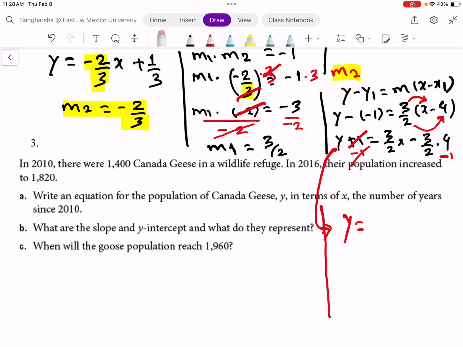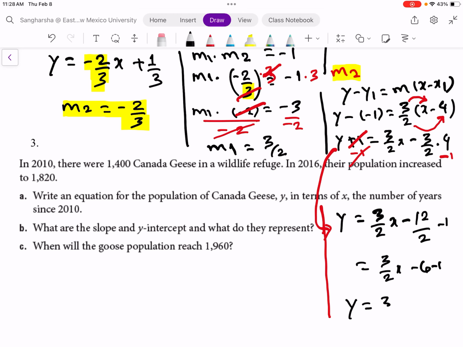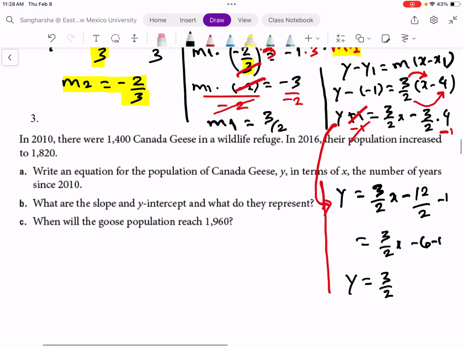So we have y equals 3/2 x minus, 3 times 4 is 12, divided by 2 is 6, minus 1. So we have 3/2 x minus 6 minus 1. So our equation is y equals 3/2 x minus 7. This is the equation of the line that we are looking for.